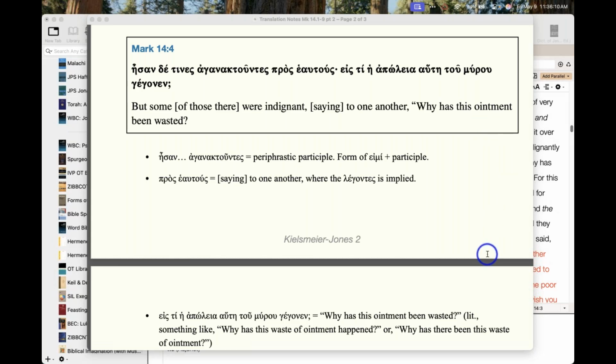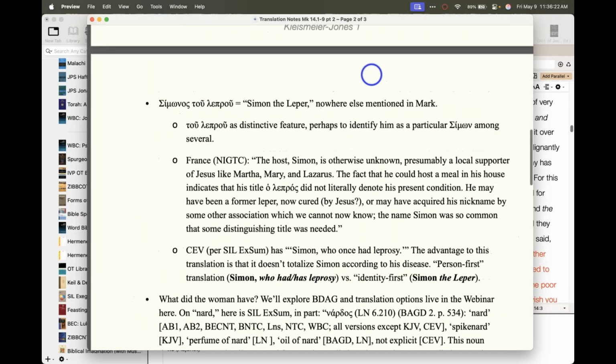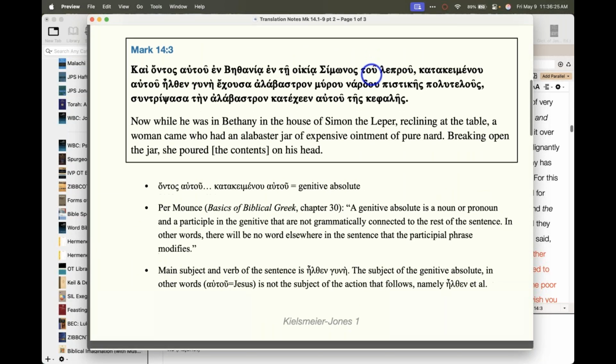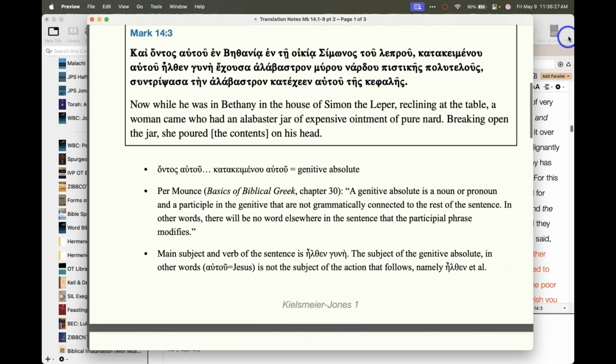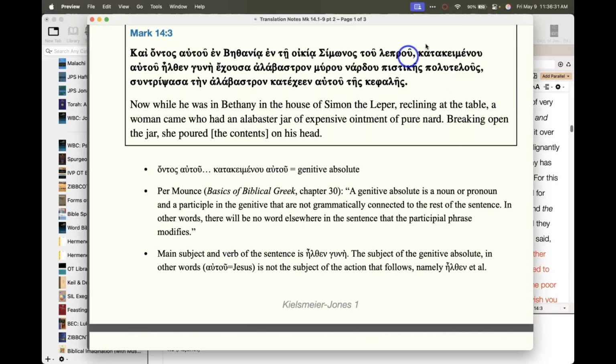Here's another comment. I might ask you to elaborate on this. "On his head does not have epi, the preposition, simply an ablative, meaning around." Oh, I see. So you're suggesting a translation of pouring around his head. Feel free to clarify if I've missed this. Yeah, katechesen autou tes kephales.